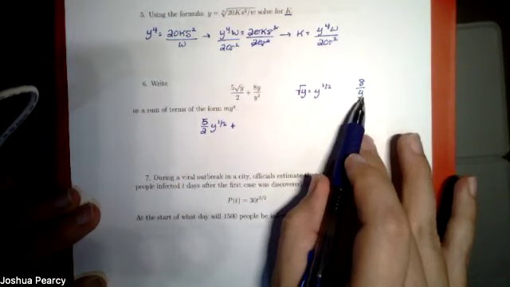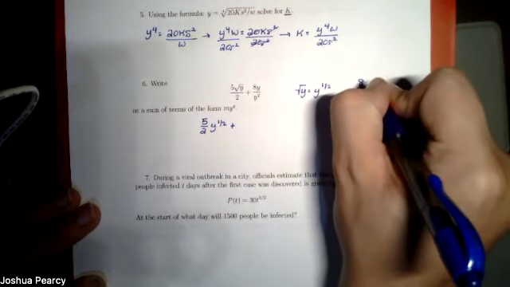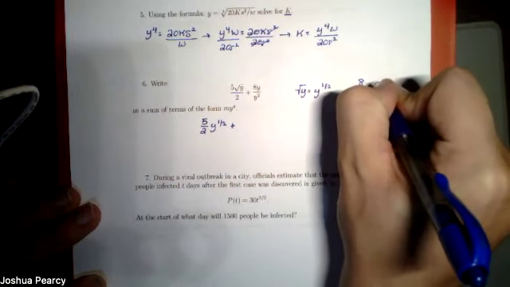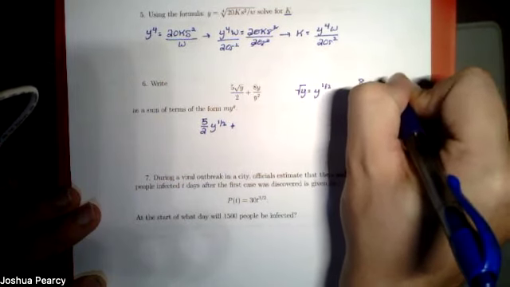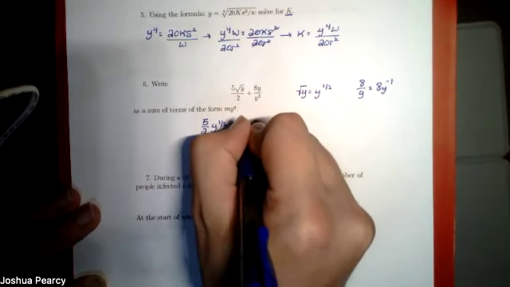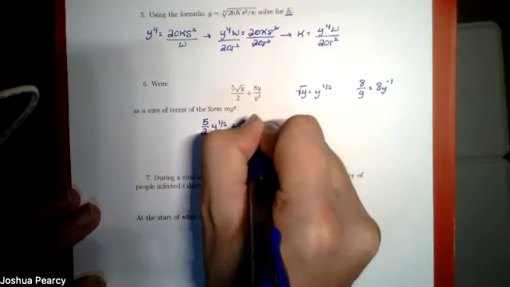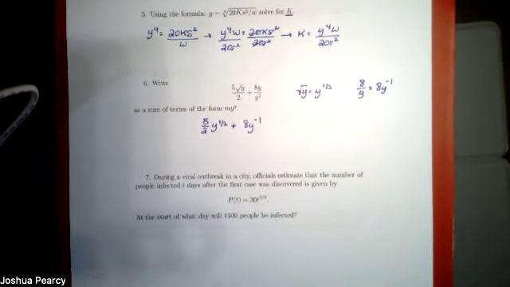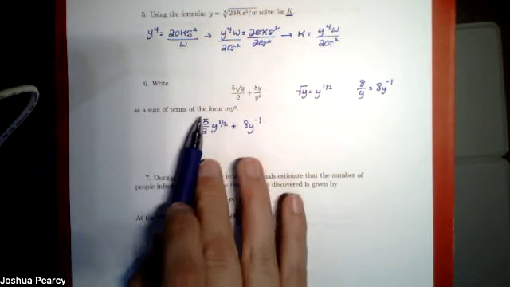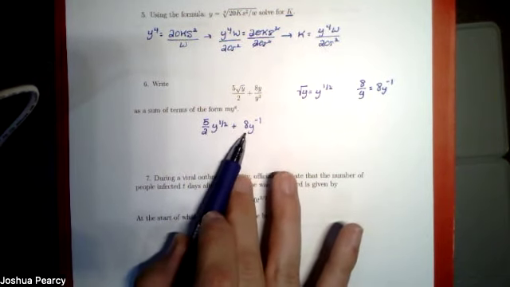And then again, here, I have the y in the denominator. If I want to bring it back up to the numerator, I need to negate the exponent. So this would be 8y to the minus 1. So that'd be the other term here, 8 times y to the minus 1. And that's the final form. I want it as a sum of the form m times y to the q power, and I've done that here.